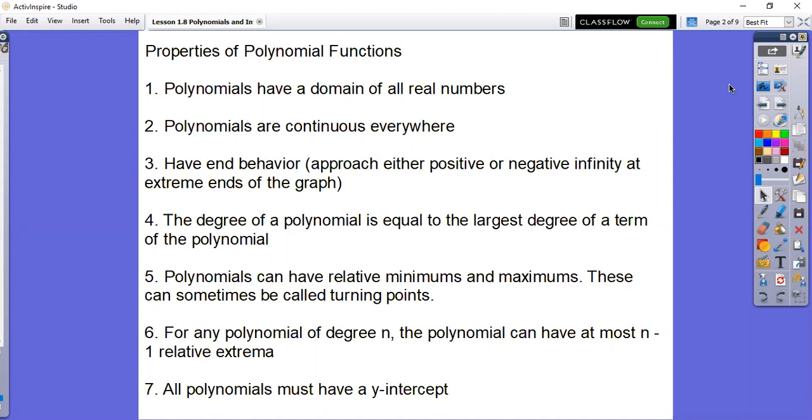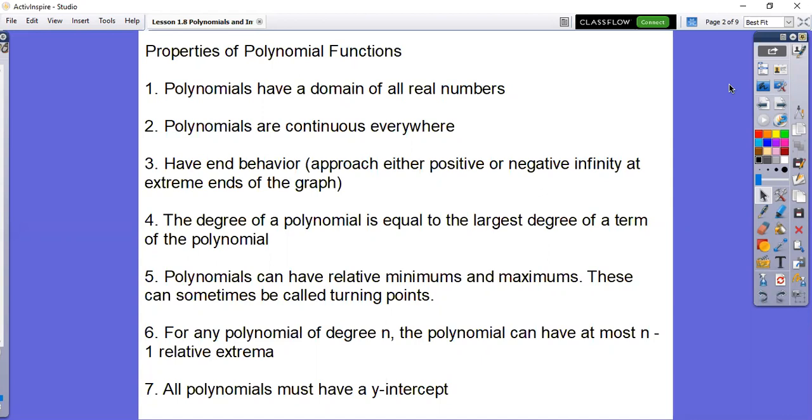There are no discontinuities. They have end behavior, which means at extreme ends of the graph, they're either going to approach positive or negative infinity. The degree of a polynomial is equal to the largest degree of a term of the polynomial.